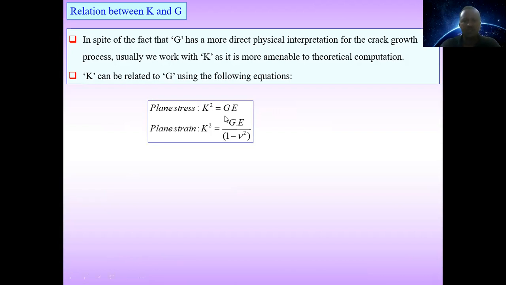So K square is equal to GE for the plane stress condition, and for the plane strain condition, K square is equal to GE over 1 minus mu square, because in plane strain, instead of E we have E over 1 minus mu square. Let me write it.